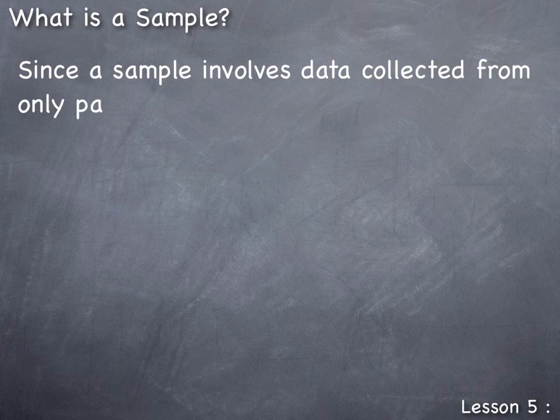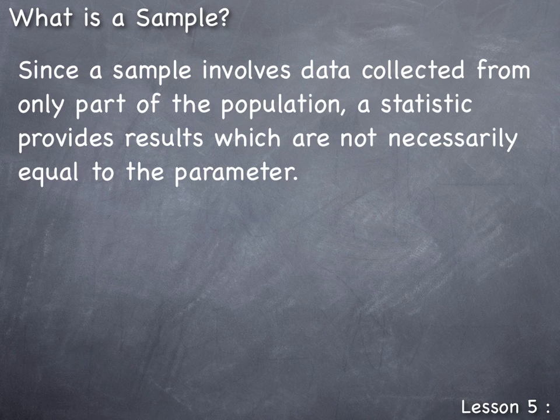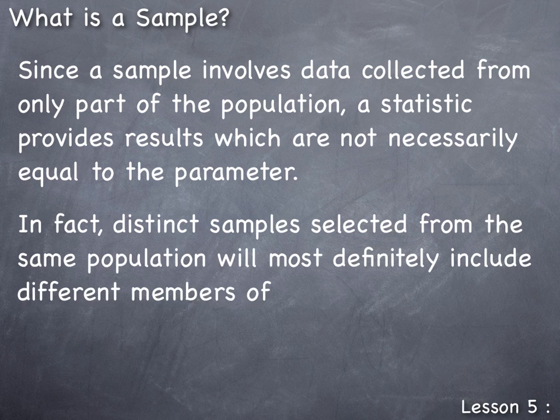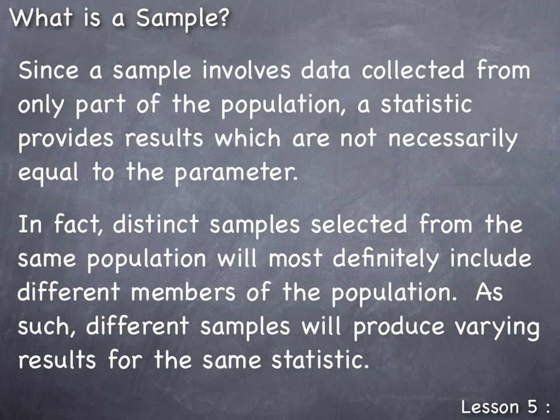Since a sample involves data collected from only part of the population, a statistic provides results which are not necessarily equal to the parameter. In fact, distinct samples selected from the same population will most definitely include different members of the population. As such, different samples will produce varying results for the same statistic.